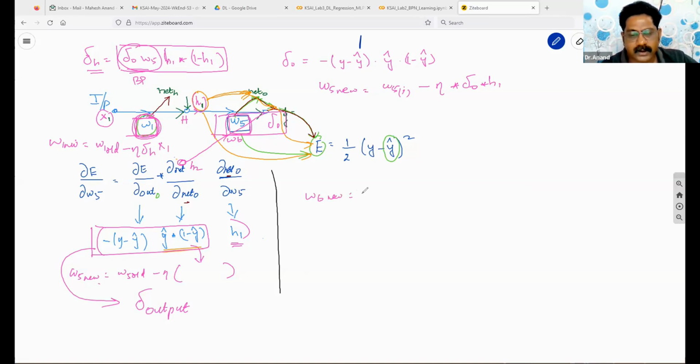W6 new equivalent to W6 old, the same output side error gradient you are going to use, minus eta times delta naught. But what is the only difference? The only difference is you should scale by H2. Here we scale with H1, right? It should be scaled by H2.